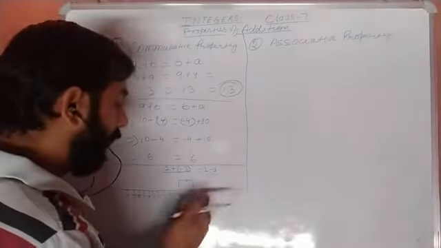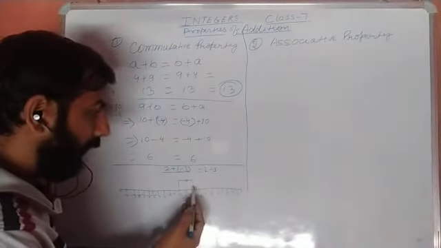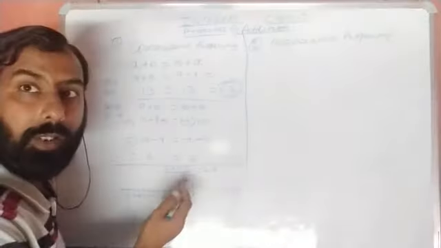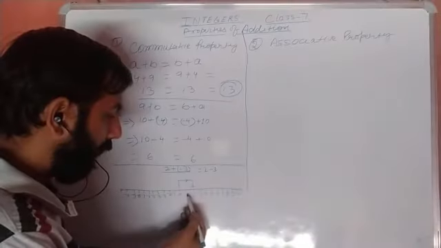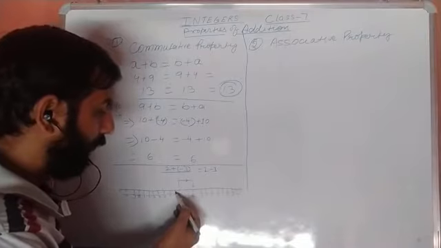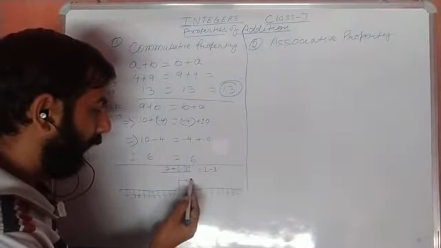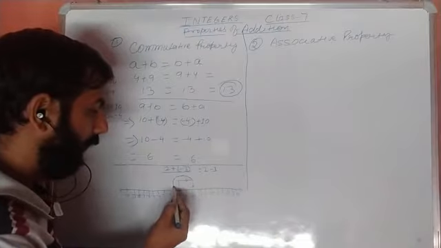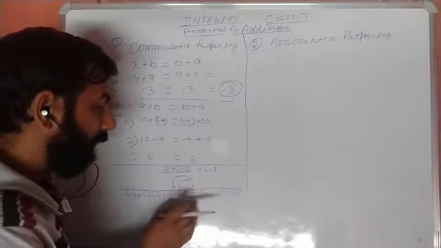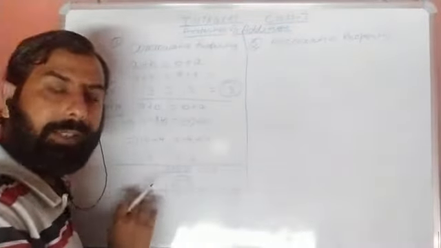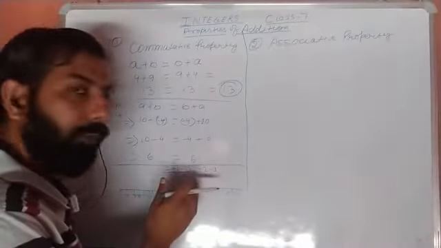From here we have to go to the minus side. How many places do we have to move? On the negative side, here is minus 3.